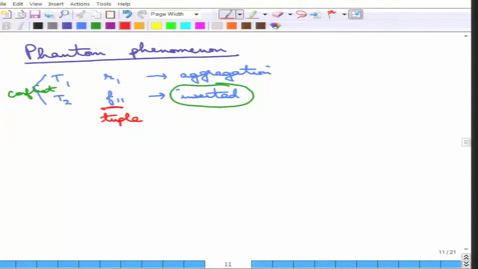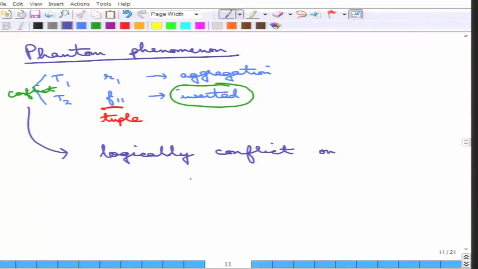So how to handle this? This is why it is called a phantom phenomenon: when R1 is being locked, they do not lock this, but they logically conflict on something called a phantom tuple. Why is this phantom? Because R1 doesn't know the existence of it.